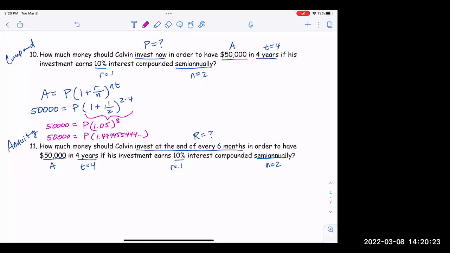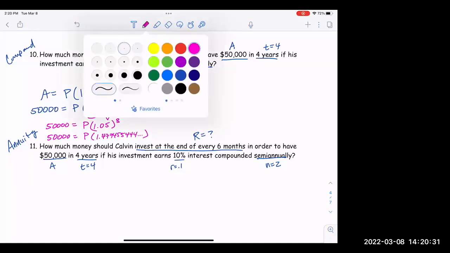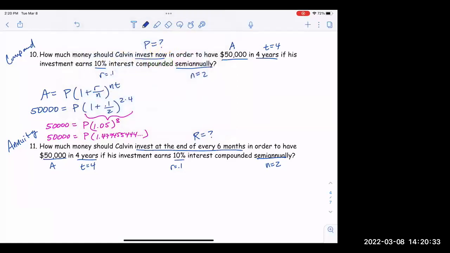So think about this. Should my answer be bigger or smaller than 50,000? Smaller, yeah, because I want to end up with 50,000, which means I would start with a number lower than that. Something like 400 is probably a little too small. I probably wouldn't start with an investment as small as $400 and end up with 50,000.